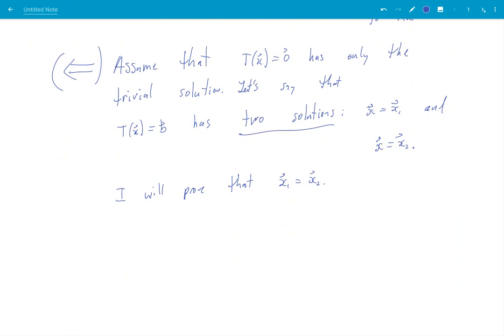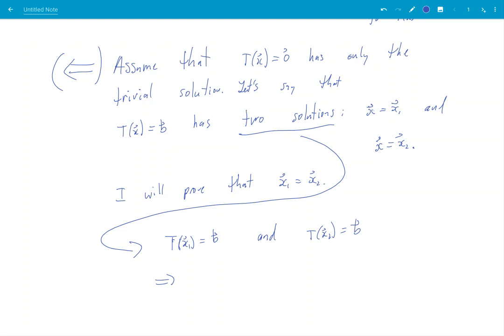So they are two solutions, right? So T of x1 is equal to b, and T of x2 is also equal to b. So T of x1 is equal to T of x2 because they're both equal to b.